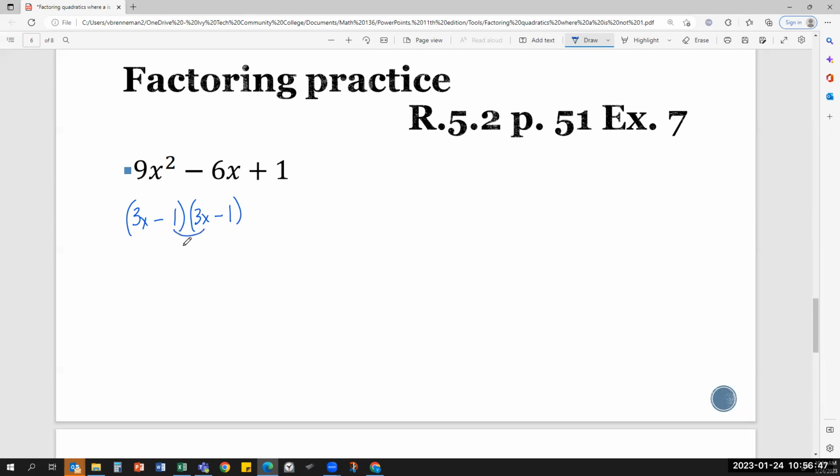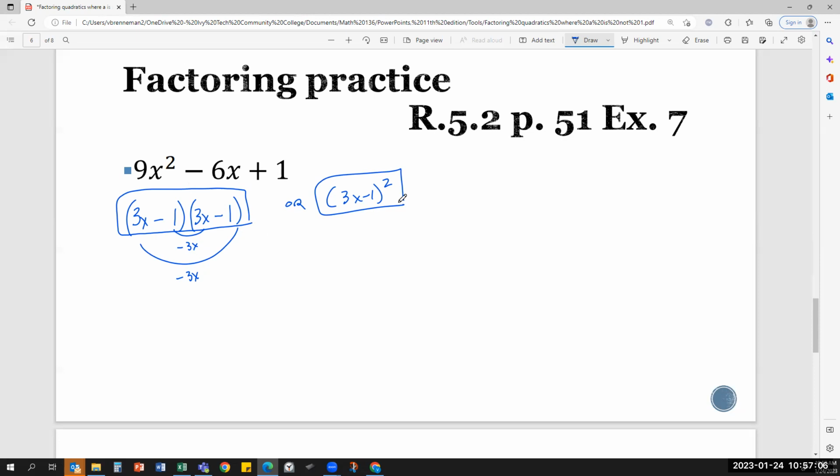And then I just check the inside is negative 3x, outside is negative 3x. Those do in fact add up to negative 6x. So that's the factoring 3x minus 1 times another 3x minus 1, or 3x minus 1 squared.